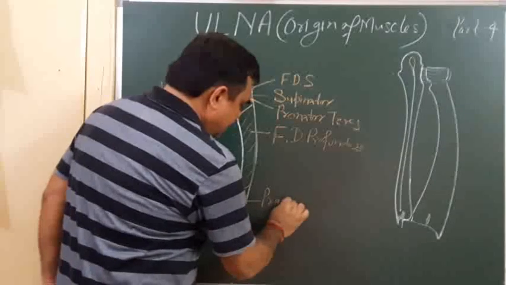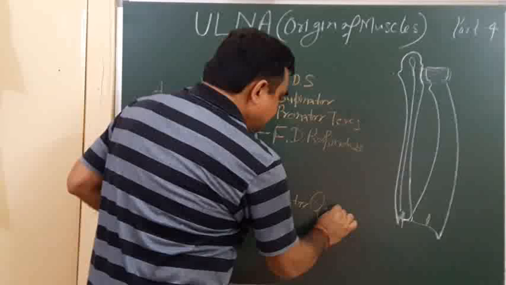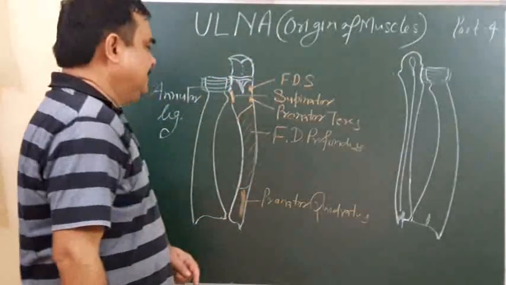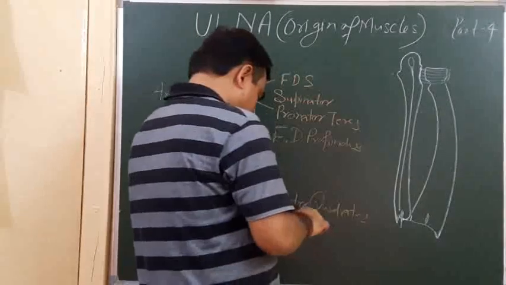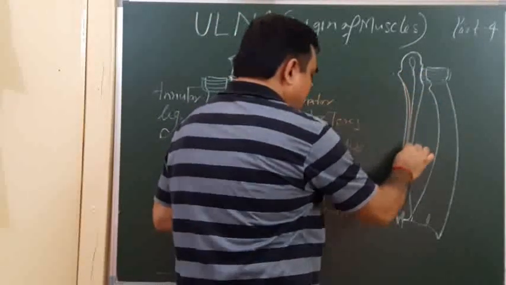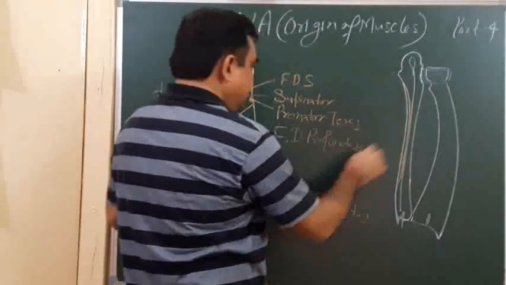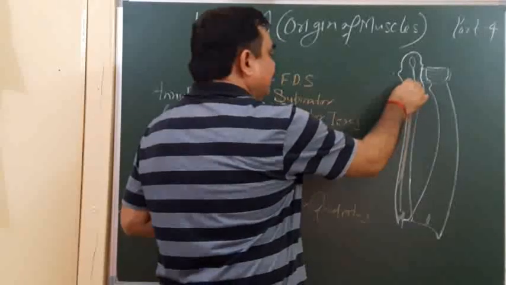Here is pronator quadratus. Another muscle: this is the medial surface, and this is the posterior view of the ulna.